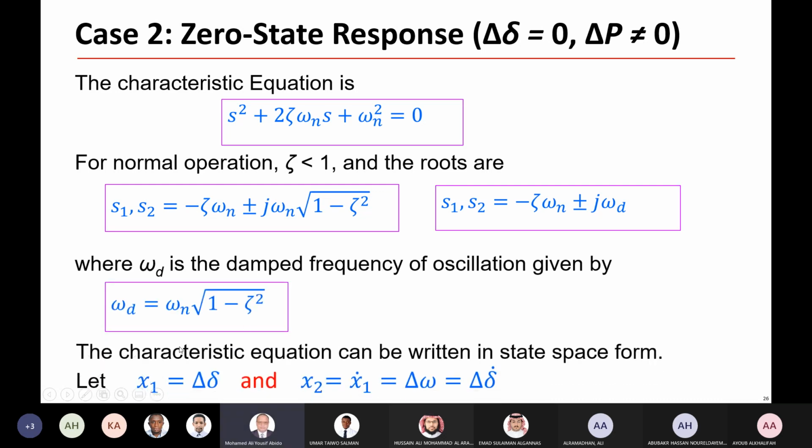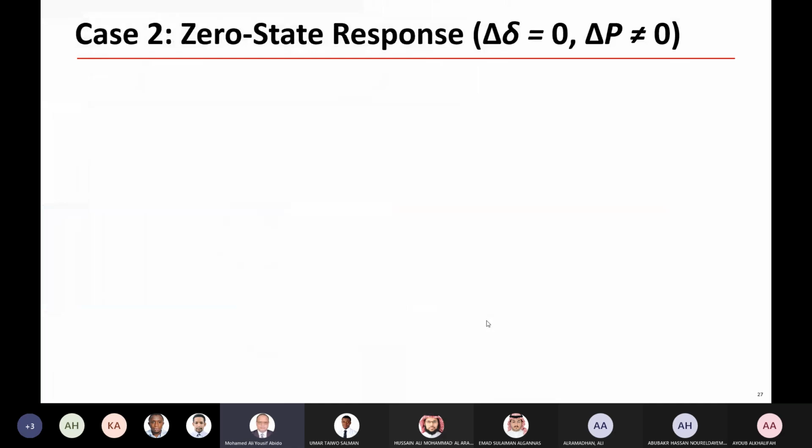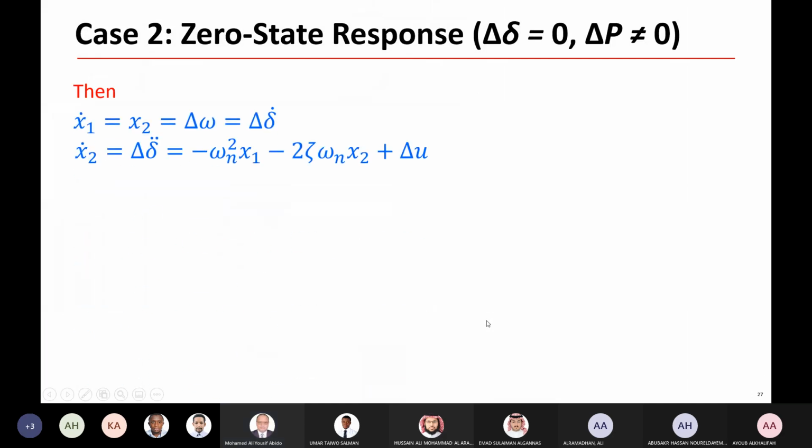This is omega d. And the characteristic equation can be written again in state space form. What we have additionally is this delta u or delta P. We can define x1 dot equal to x2, x2 dot equal to delta double dot, which is equal to this.